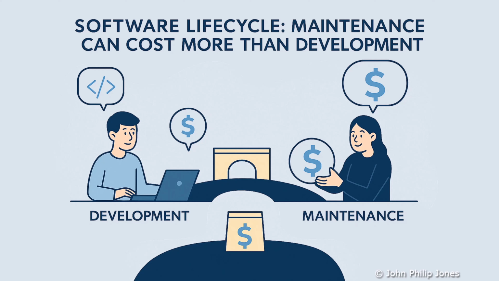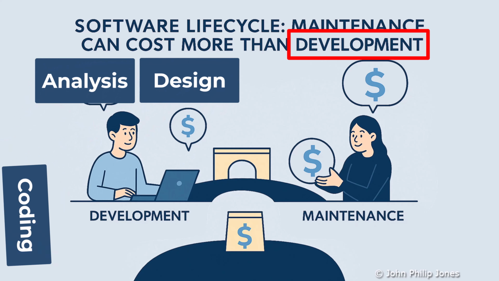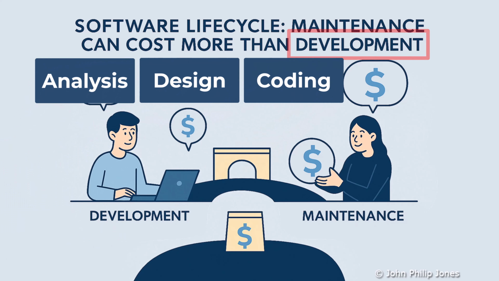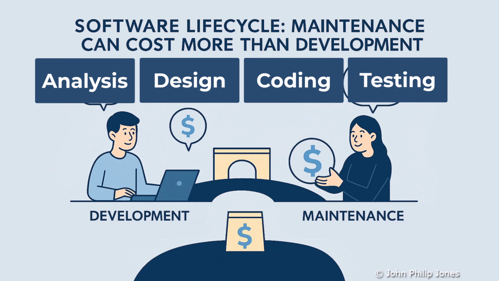Consequently, if the software is being altered over time, the documentation also has to alter to continually match the software system that is still the responsibility of the software house. This is why during the software lifecycle, maintenance can cost more than development, whether development is the analysis, design, implementation, in other words, coding, and testing phases.